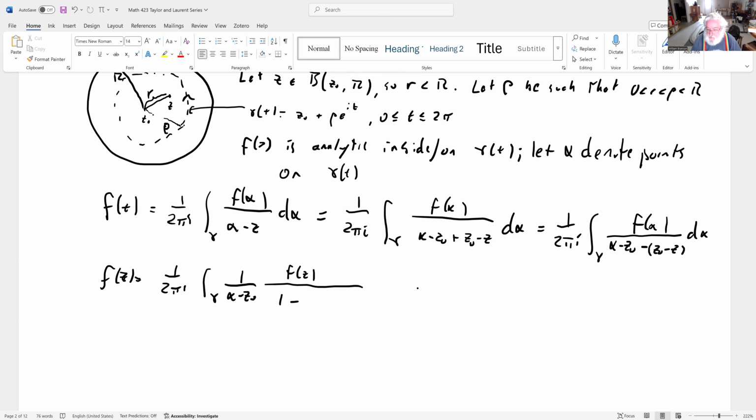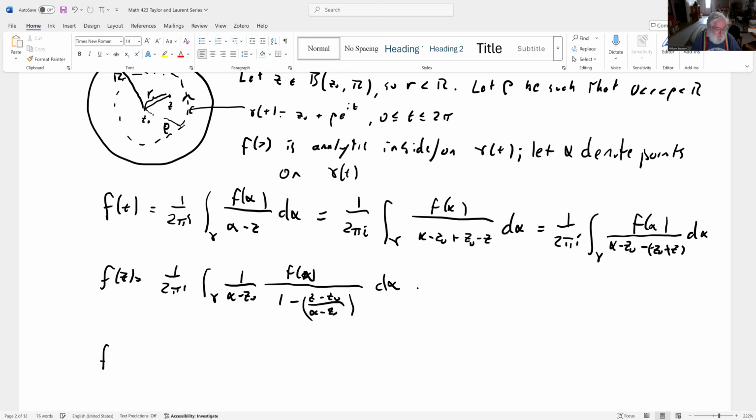This should be minus z0 plus z there, right, if I factored out that minus sign? Which is supposed to be z minus z0 over alpha minus z0. And the point is, along the way, this fraction here in the denominator, its modulus is less than 1.